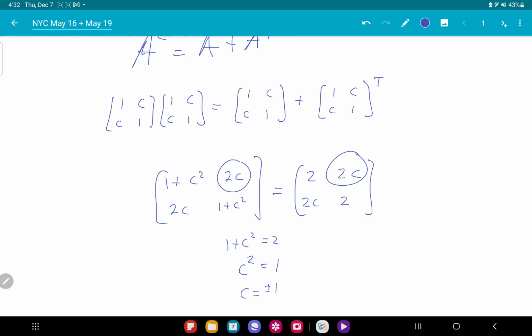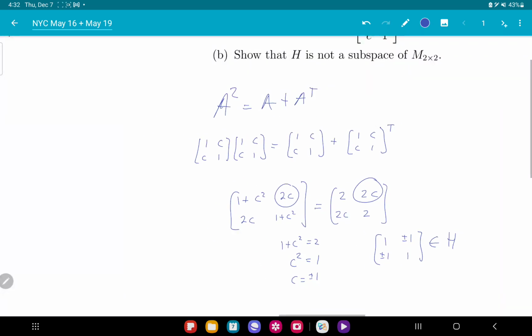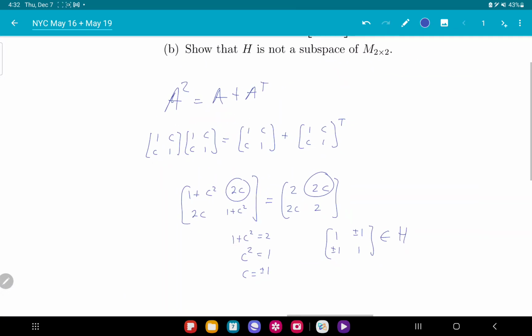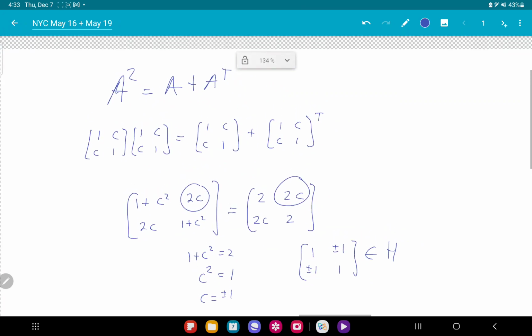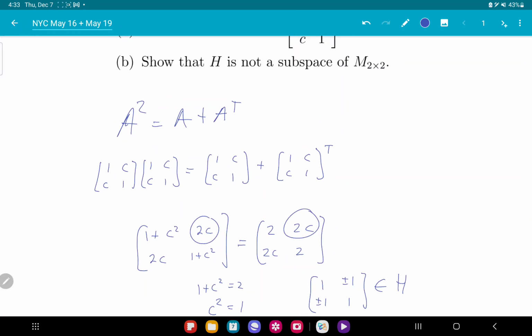Okay, this is a useful thing for the next part, because I can say that [[1, ±1], [±1, 1]] is in my, is it called H? Yeah, it's called H. So it's in H. Because the next part is to show that it's not a subspace.